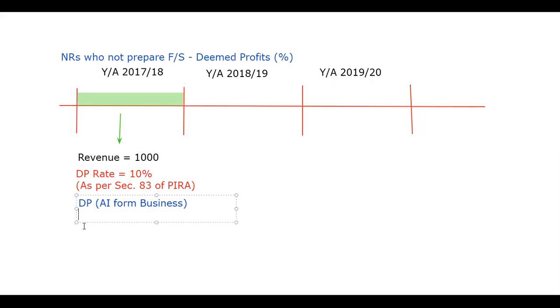How much will they get? Into 10% equals 100. This is the profit, the assessable income from the business.